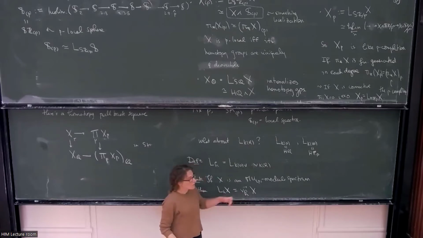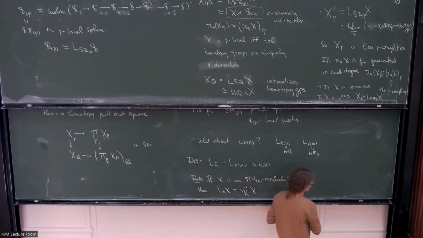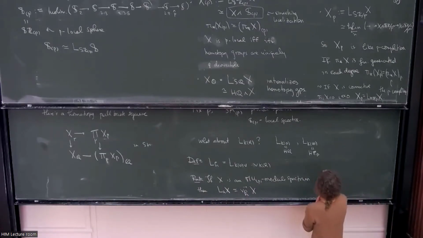Inverting v_H is equivalent to picking out an open set in the moduli stack of formal groups. So for MU-modules it's a lot more concrete, but it gets more complicated later.